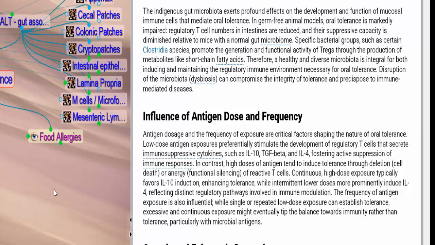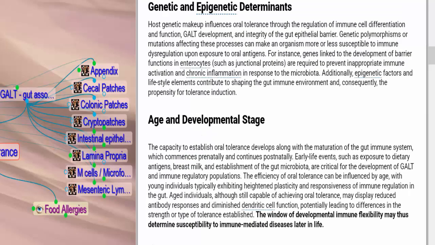The frequency of antigen exposure is influential. While single or repeated low-dose exposure can establish tolerance, excessive and continuous exposure could eventually tip the balance towards immune reactions rather than tolerance, especially with microbial antigens. Of course, genetics and epigenetics can play a role.